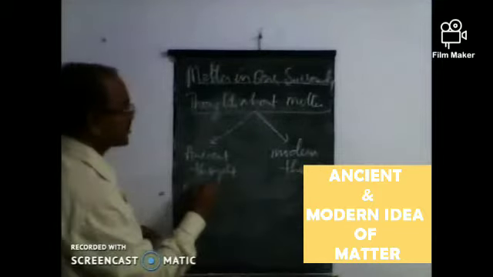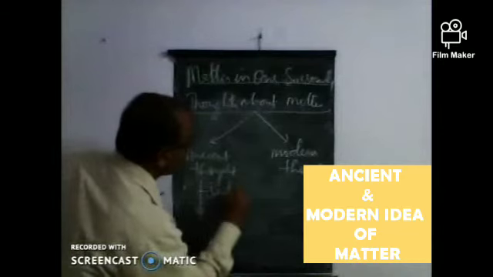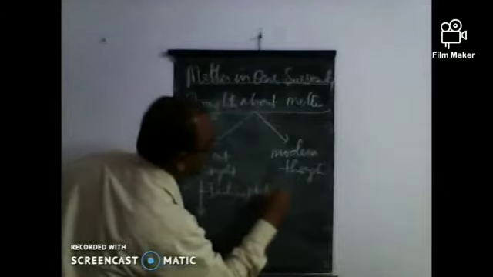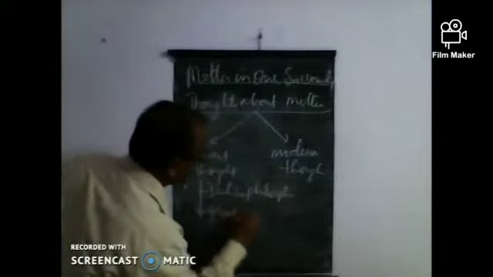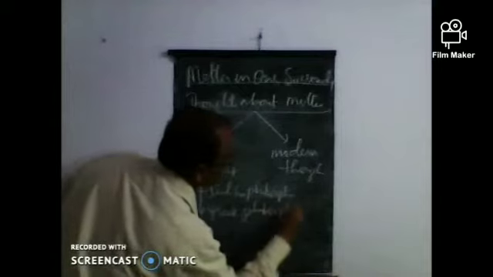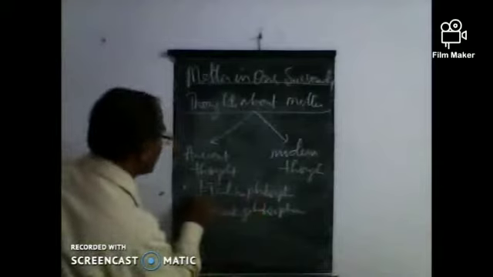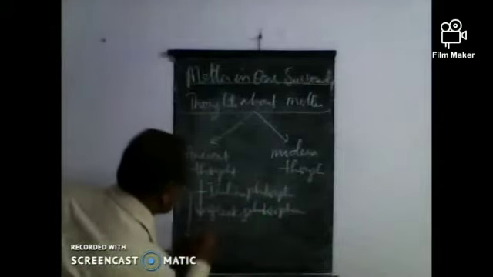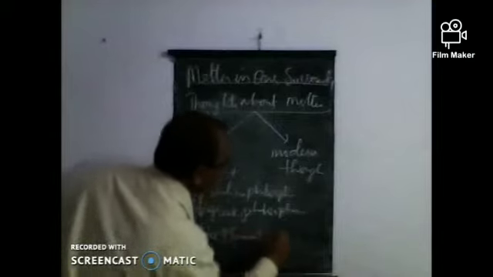So what is this ancient thought? The Indian philosophers and the Greek philosophers thought that matter is made up of five elements. What are these five elements?